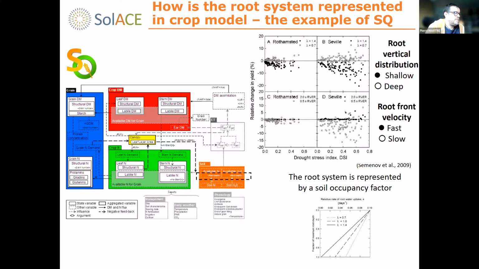And when you analyze this simulation, you clearly see that the genotypes that grow too fast in the root system will use the water too fast as well.